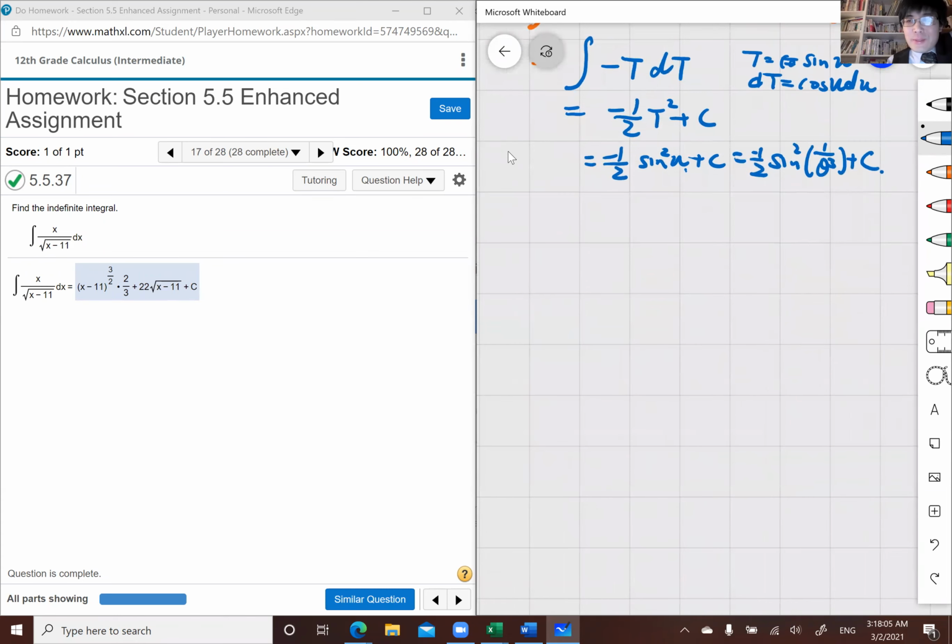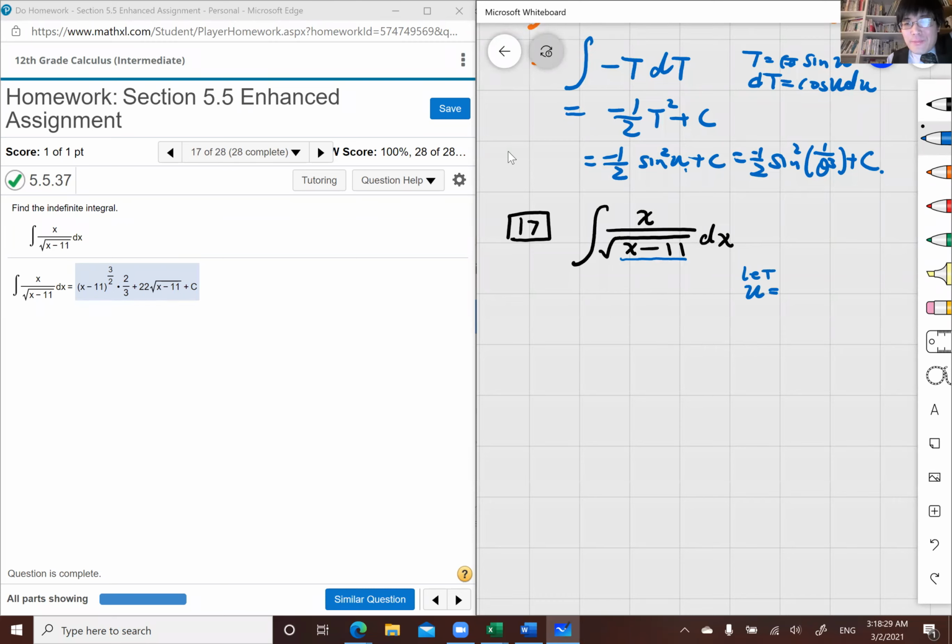Okay, this is one of the most computationally demanding ones. Number 17. x over square root of x minus 11 dx. This one has a linear term inside the square root, but this question is not so easy.